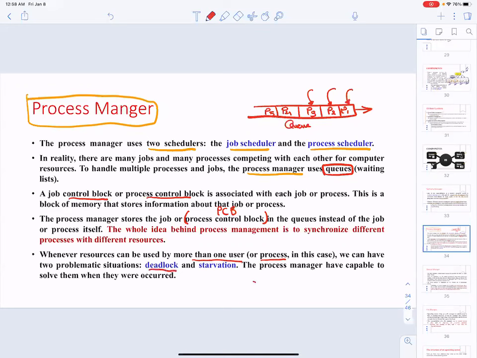This is where we have limited resources, and multiple processes trying to access those resources. Let's say this is process one and this is process two. Process one has access to resource one, while it requests access to resource two.